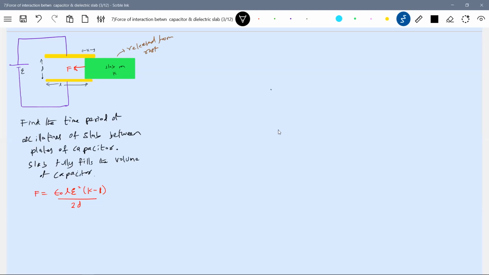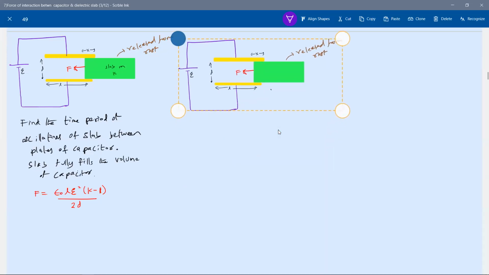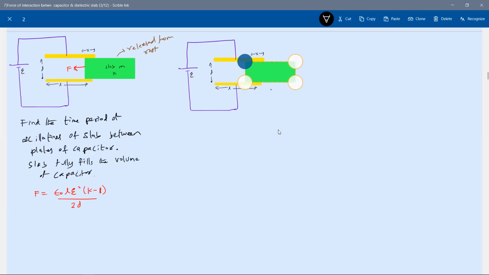What type of motion will the slab describe? Uniform accelerated motion or uniform retarding motion? It is released from rest, so it will start accelerating. Then in the next position, I have the diagrams pasted here. I'll put in the whole set of diagrams. In the next position, the slab will come to this position.